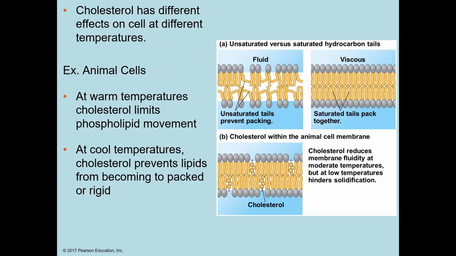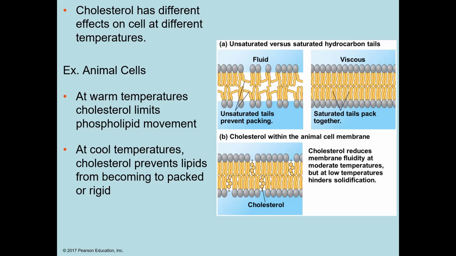Now, what happens if we have the opposite, cold temperatures, is that a membrane, like other substances, will start to get more rigid. So think about water getting cold and becoming ice. When membranes get cold, they get more solid and more rigid as well. It's true of a lot of fats in general. If you think about even olive oil, if I throw it in the freezer, it will eventually become solid.